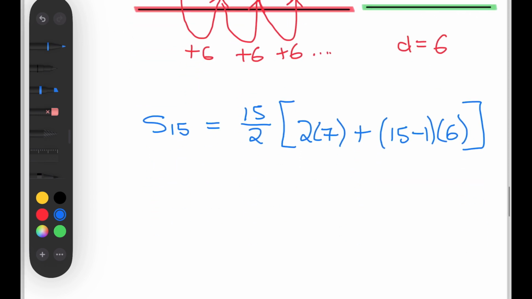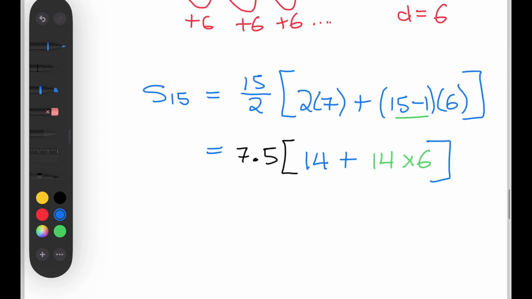Now when I simplify carefully, I'm going to have 15 divided by 2, which is simply 7.5, bracket 2 multiplied by 7, which is 14, plus 15 minus 1, which is 14, multiplied by my 6. Simplifying further, I'm going to have 7.5 bracket 14 plus 14 multiplied by 6, which is 84.